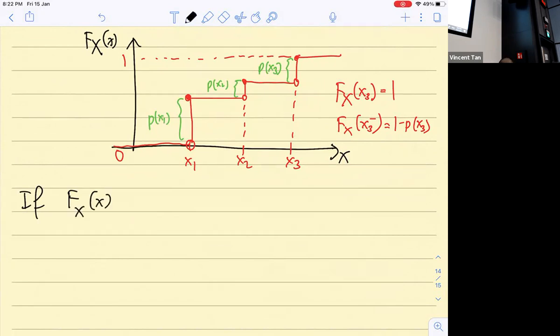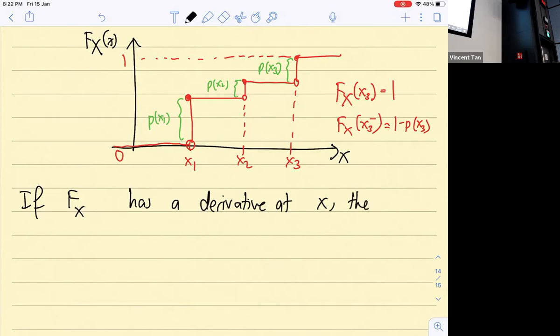But then you may have heard of the probability density function. If Fx has a derivative at x, that's better.